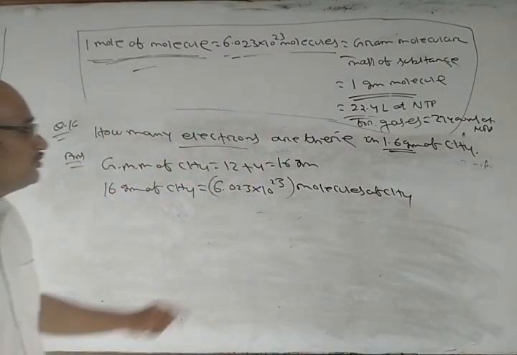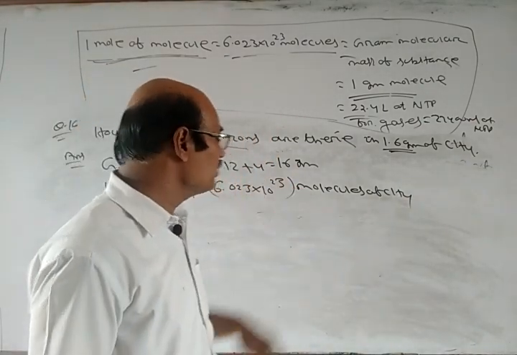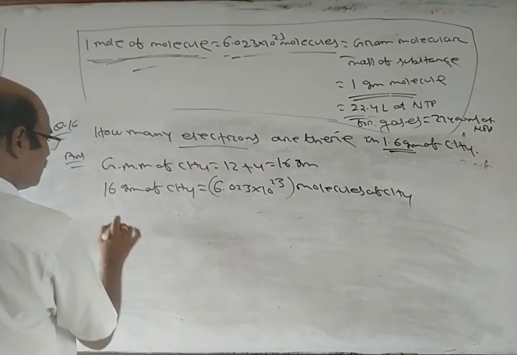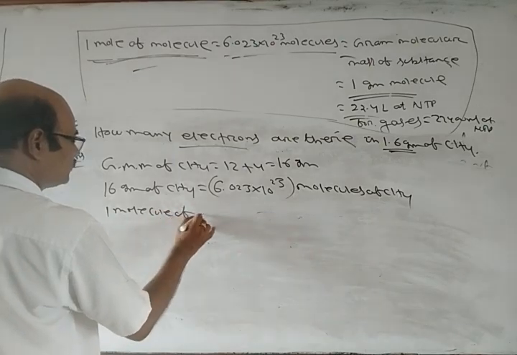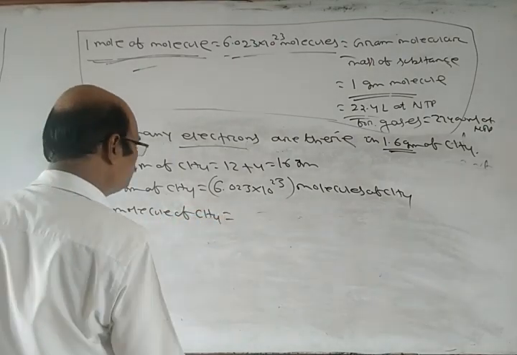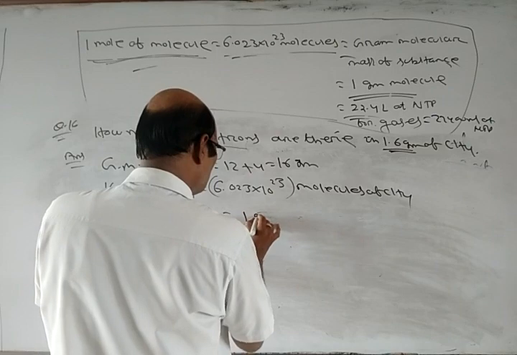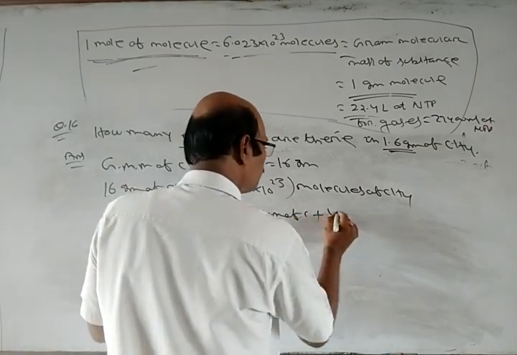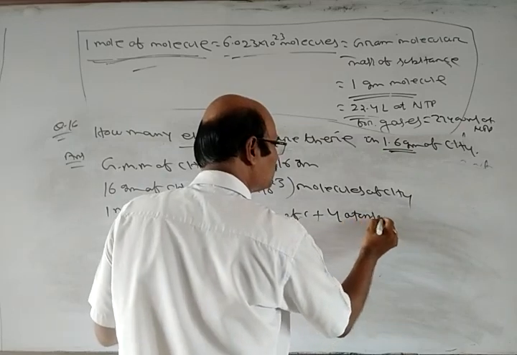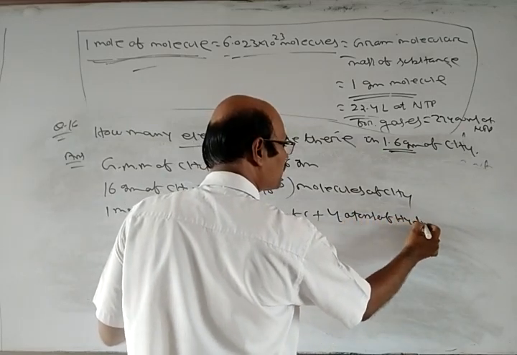Now one molecule of methane is equal to one atom of carbon plus 4 atoms of hydrogen, right?